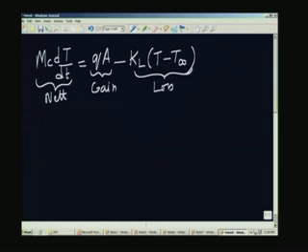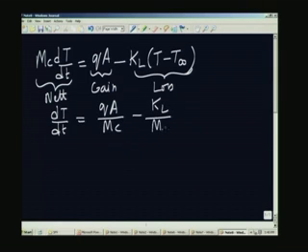The assumption I am going to make is, if we divide throughout by MC, you will get dT by dt equal to QA by MC minus the loss coefficient KL divided by MC multiplied by T minus T infinity. So, this is a small quantity. What we are trying to argue is that if a small amount of loss is present, this term is going to be much smaller than the first term.